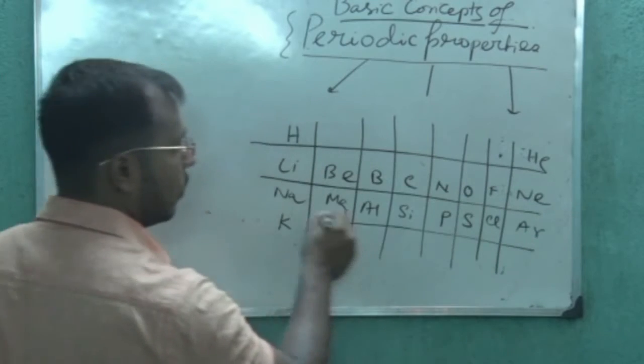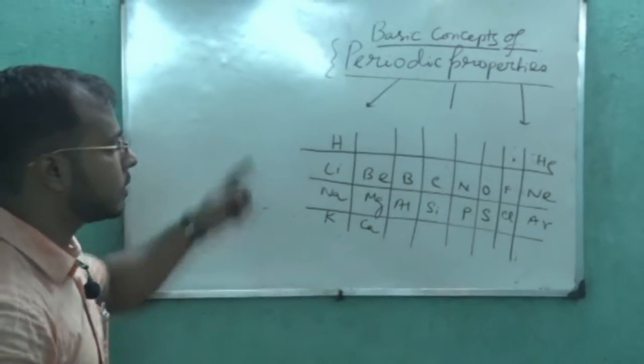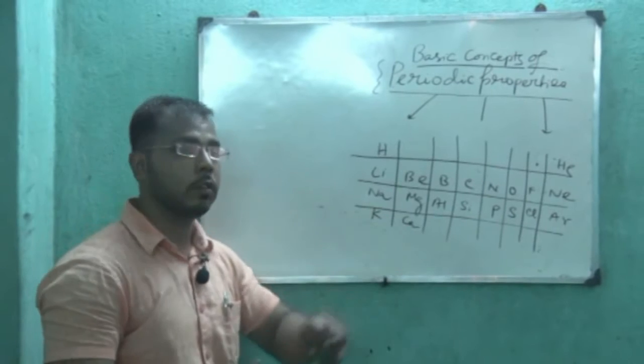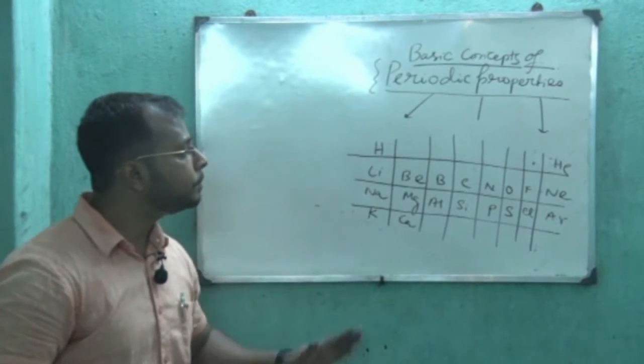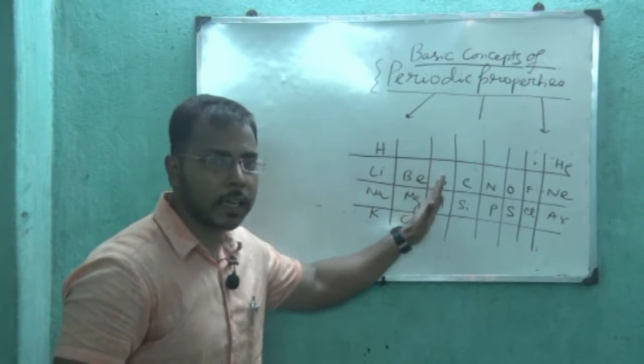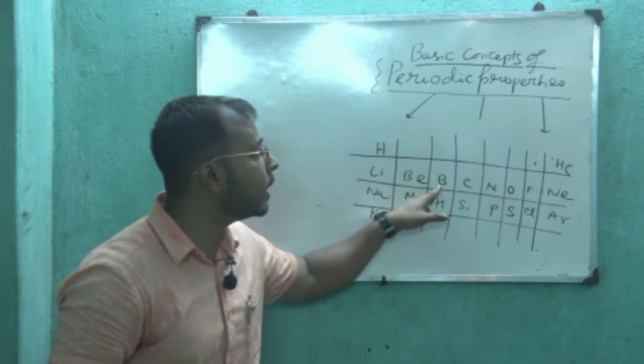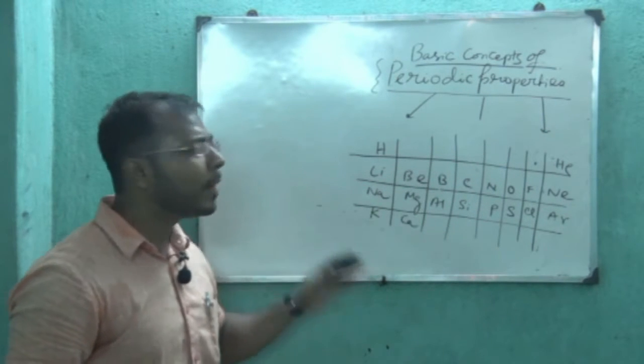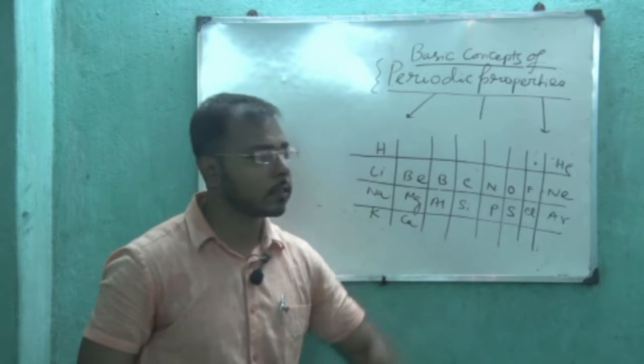Suppose I have written elements 1 to 20 with their atomic numbers, but actually this gap is quite large because it is group 1, group 2 and then group 13, but just to make you understand I have written it like this.